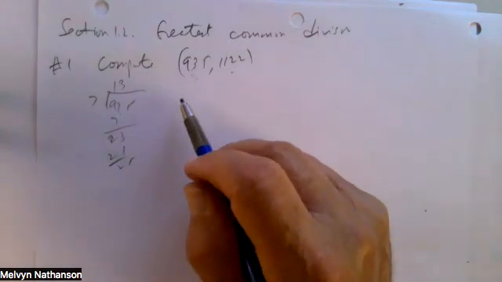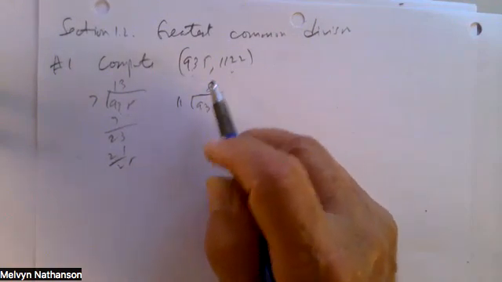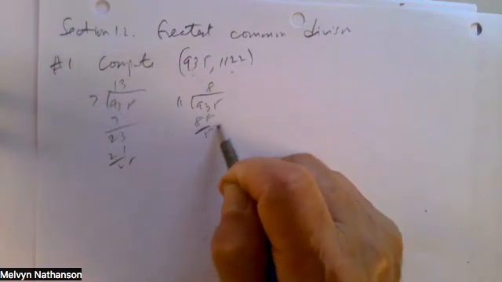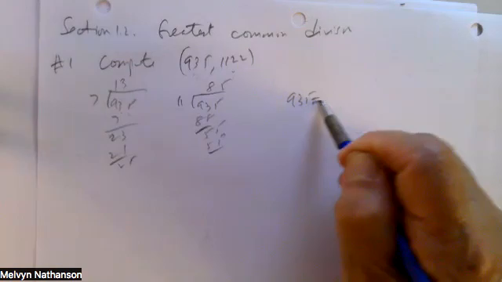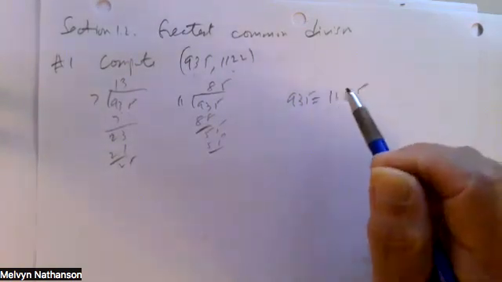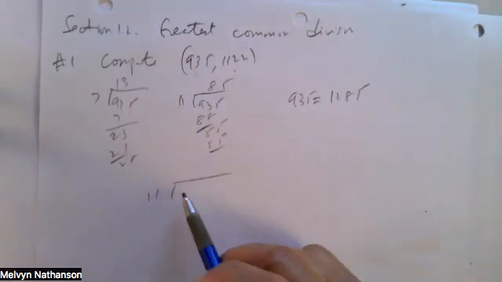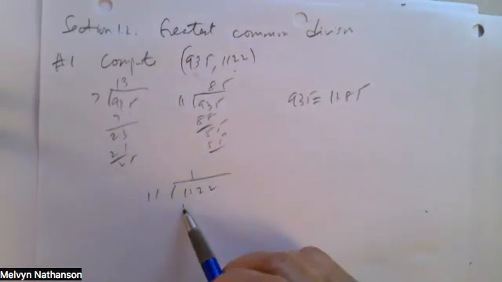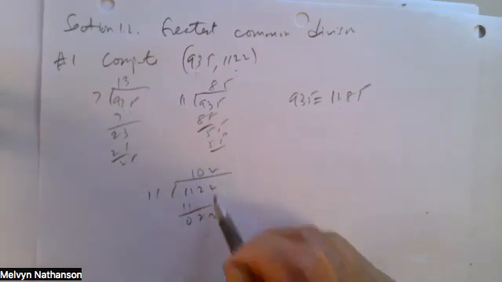What's the next prime? 11. Suppose 11 into 935. This goes 8 times 55. So 935 is 11 times 85. Does 11 go into 1122? 11 into 1122 goes once, with 0, 2.